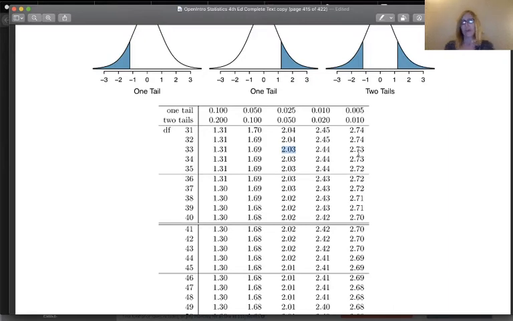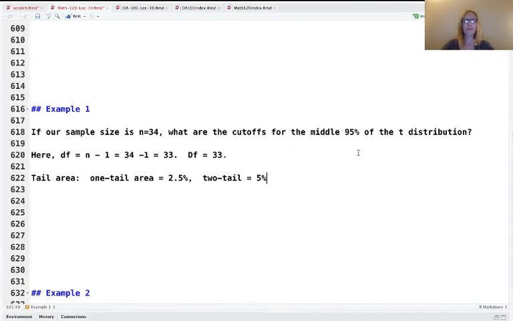And that's it. In other words, the middle 95% of the t-distribution, when degrees of freedom is 33, is between negative 2.03 and positive 2.03. Here, cutoffs. Negative 2.03 and positive 2.03.